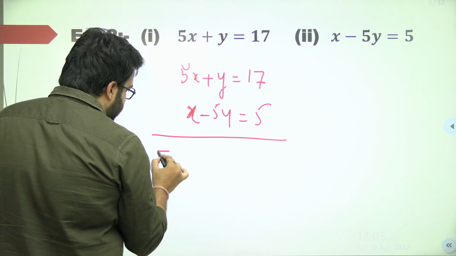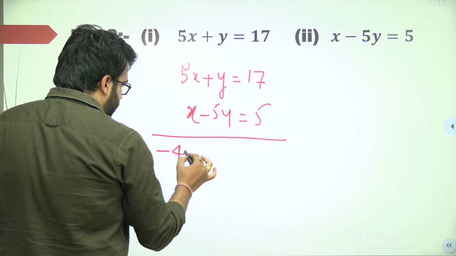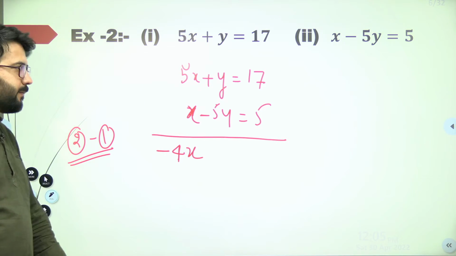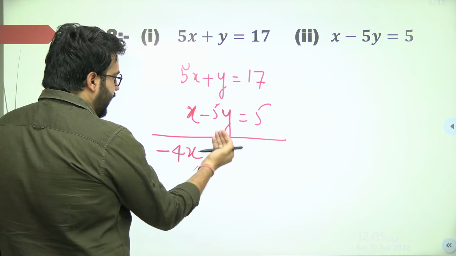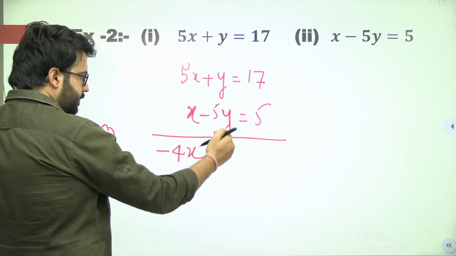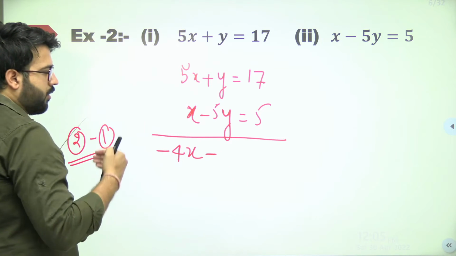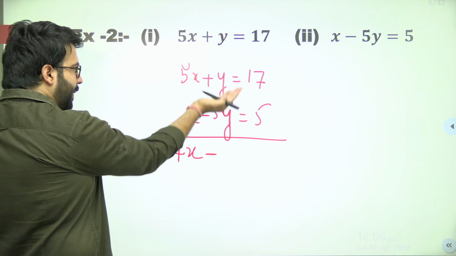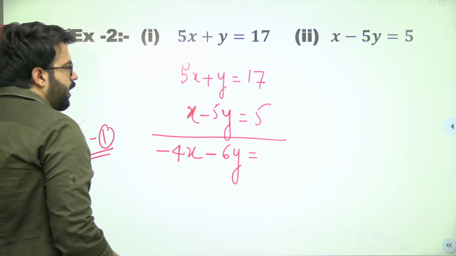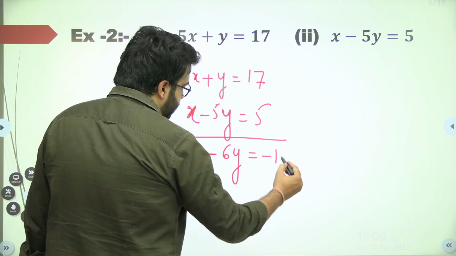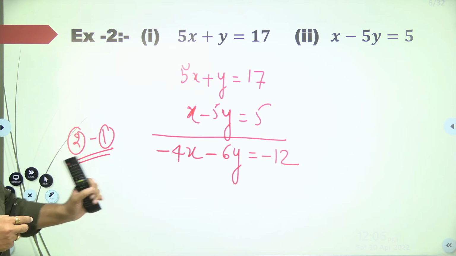You will get minus 4x. And when you subtract y from 5y, tell me first, what will you get? 5y minus y, that means 6y, and this will be equal to minus 12.